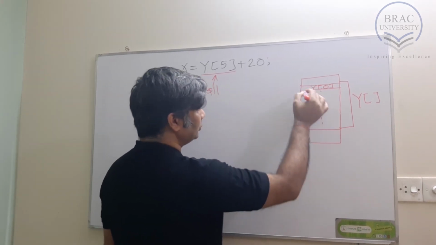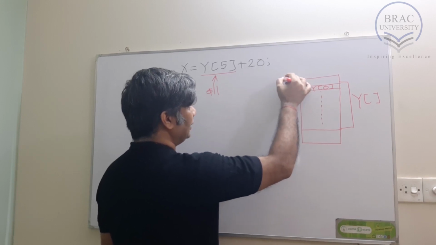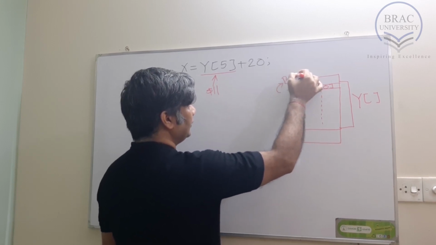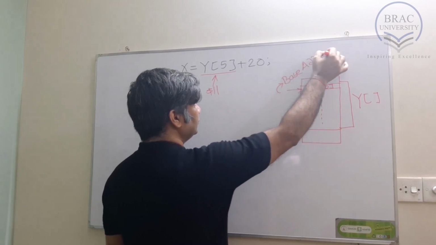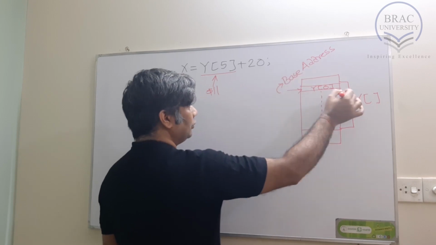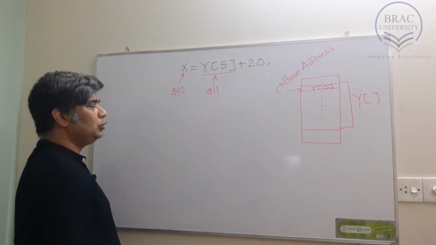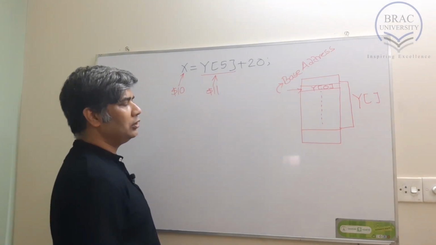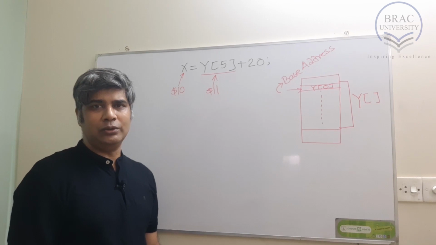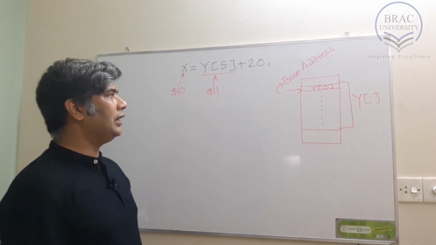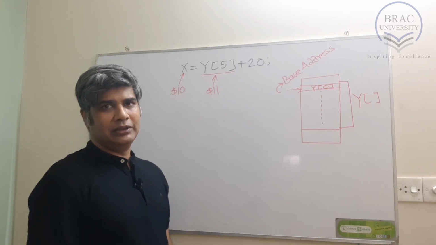So, this address can be called the base address for array y. Now we need to know the base address, because if we know the base address, only then we can find the memory address of any specific array element.